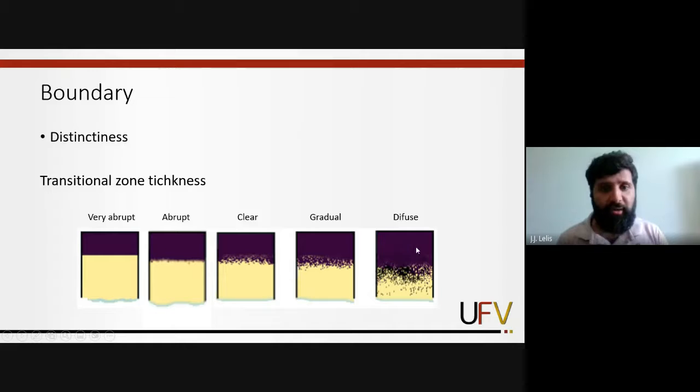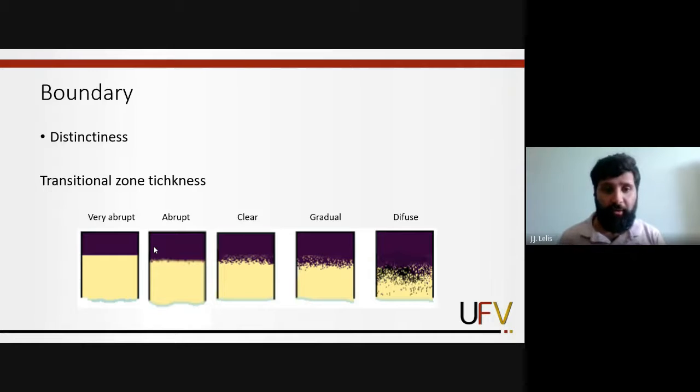This change, whether it is very abrupt or diffuse, expresses the soil genesis. If I have abrupt or very abrupt distinctness boundaries, it's because the soil is an incipient soil. Some properties are not well defined, not well developed in that horizon.